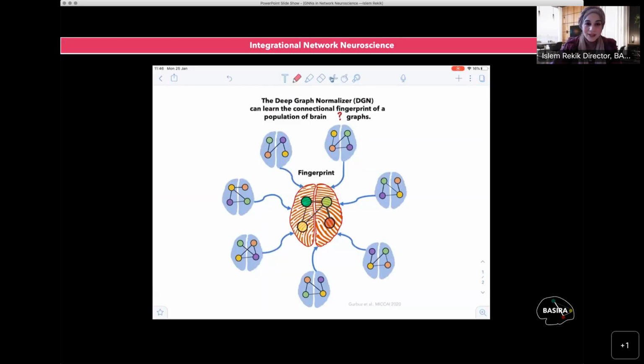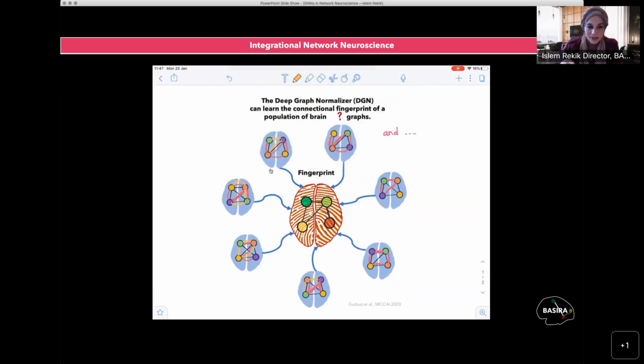If you remember, I talked about creating a CBT, a template network, a fingerprint network from a set of multigraphs. So what is a multigraph here? Each pair of nodes is connected not only by a single edge, but by multiple sets of edges. This is what we call a multigraph.